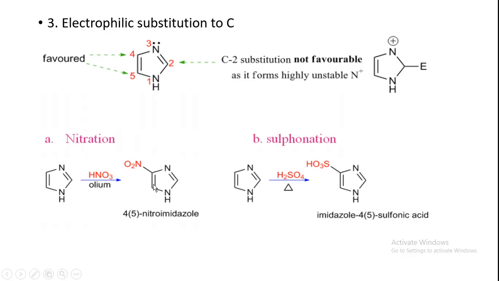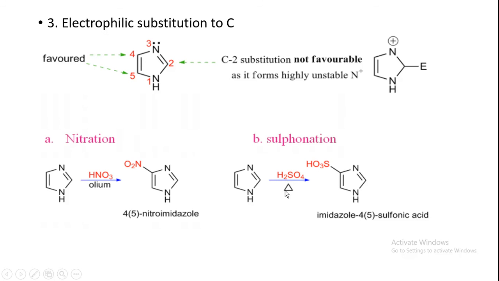That means due to tautomerism the nitro group position will change, okay, at one time it will be in this place and at another time in this place. So that's why it is 4,5 nitroimidazole. The next electrophilic substitution reaction is sulfonation reaction. So again here also H2SO4 is the sulfonating agent.